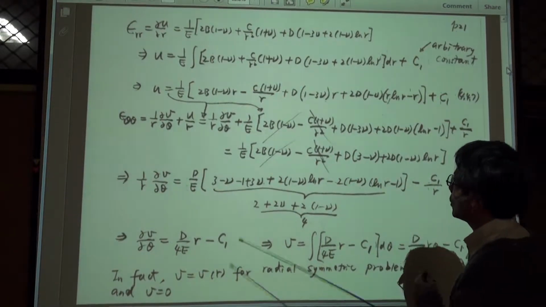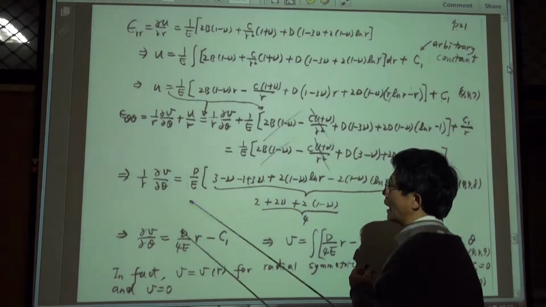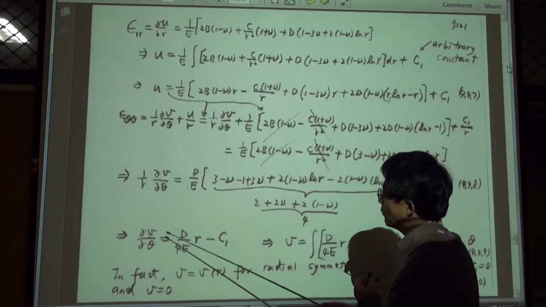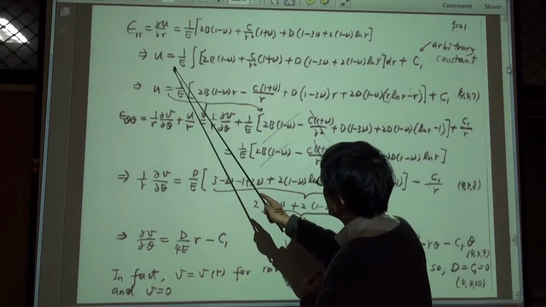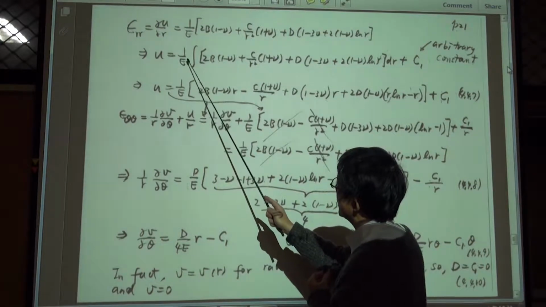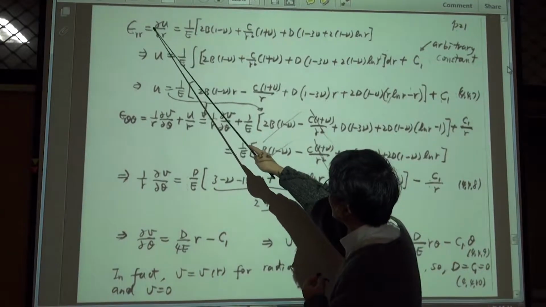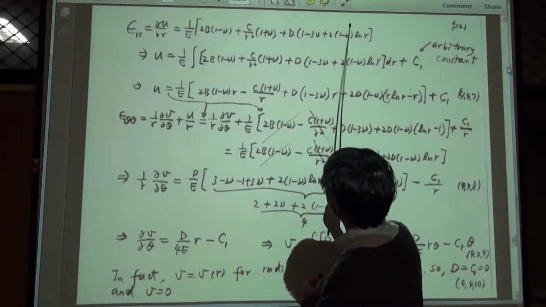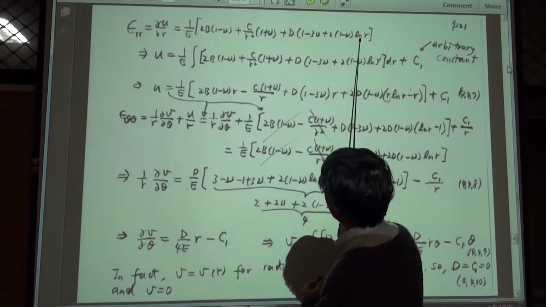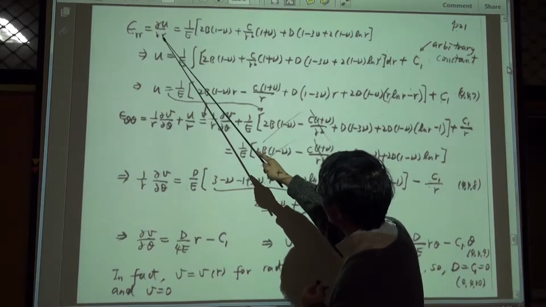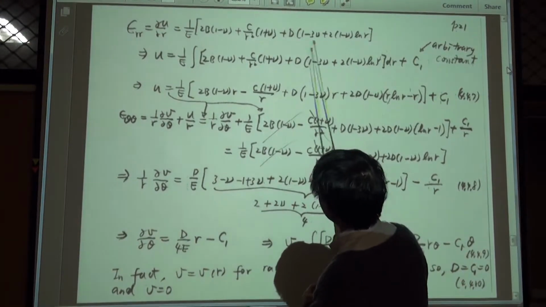So we can integrate these two equations later to obtain u and v. We first try to integrate this equation to get u. See here, partial u partial r equals this function, which is a function of r. So we can move this partial r over to carry out the integration.